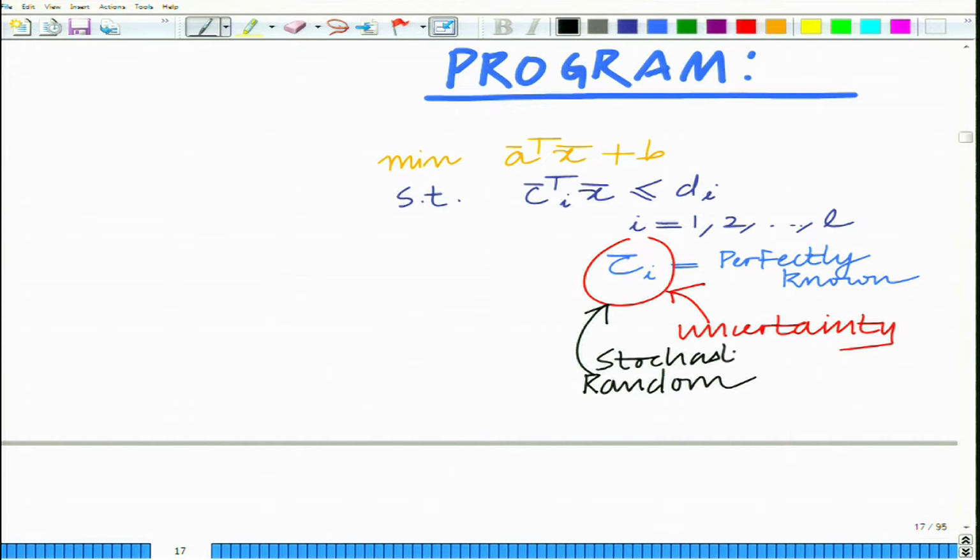So, one can assume that these c bar i's are random in nature.